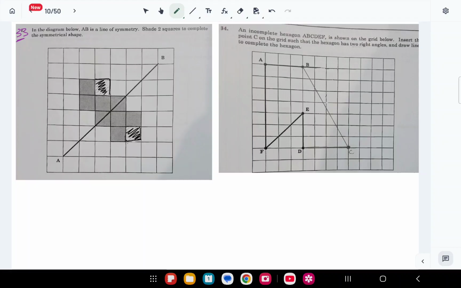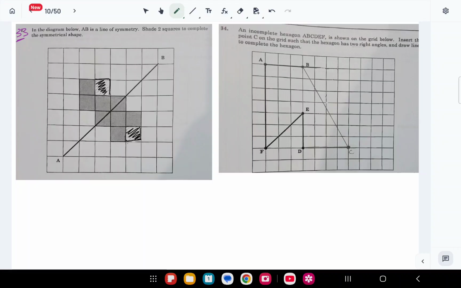Alright, and then we have an incomplete hexagon. And we know a hexagon has 6 sides. A, B, C, D, E, F is shown on the grid below. Insert the point C on the grid such that the hexagon has 2 right angles. Right angles is equal to 90 degrees, also known as quarter turns.